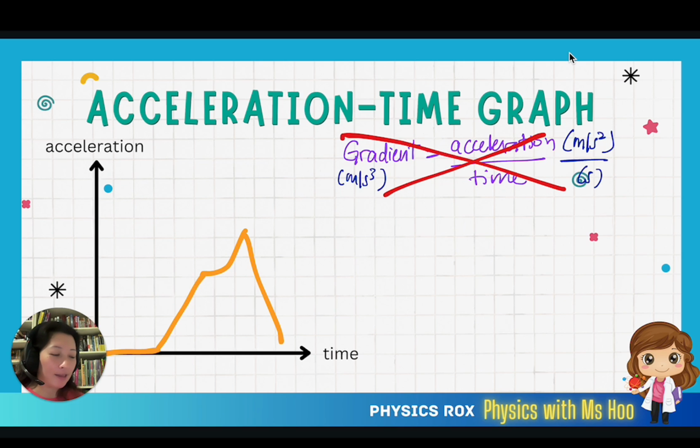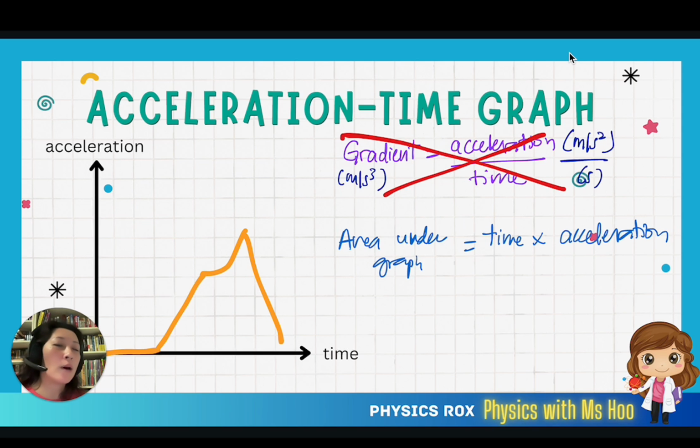Let's look at the other method of analysis, which is the area under the graph. So for area, we know that area is x times y. That would be, in this case, time times acceleration. So try to recall what quantity is equivalent to time times acceleration. That's right, velocity.